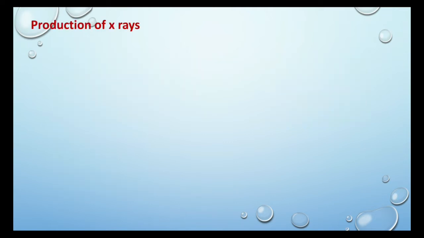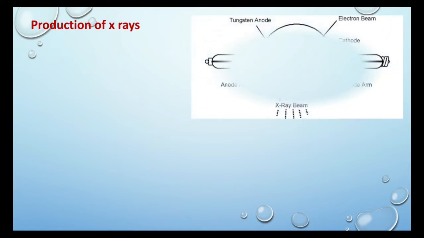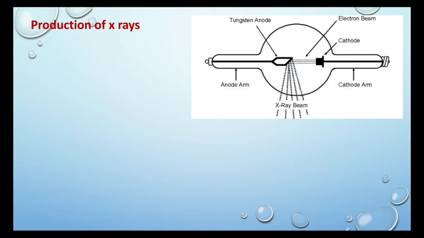Now coming to the production of X-rays. X-ray production can be done with a special type of instrument known as the Coolidge tube, and it was designed by the American scientist William Coolidge. Here you can see this is known as the cathode, and basically it is a tungsten filament.